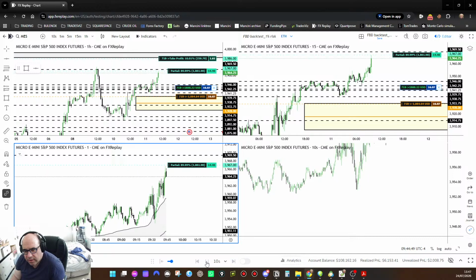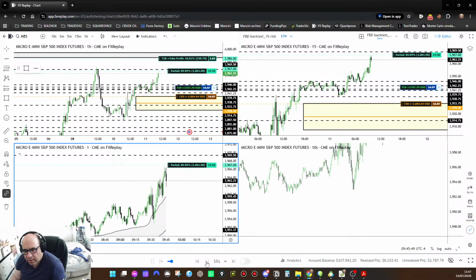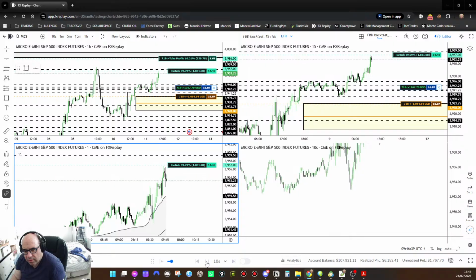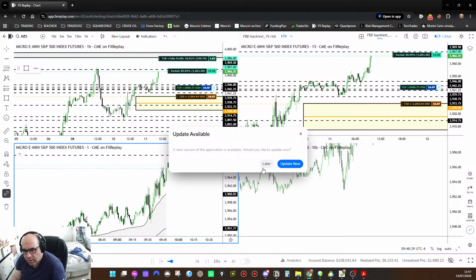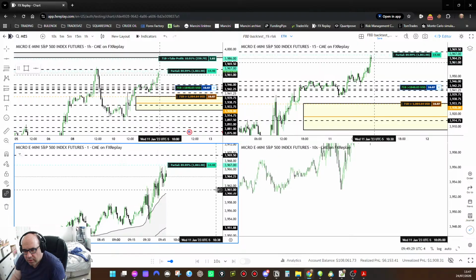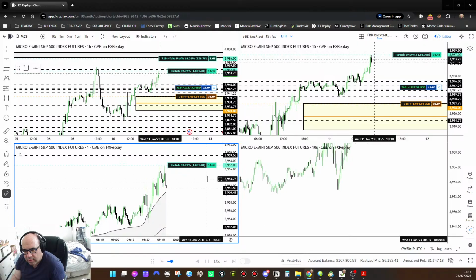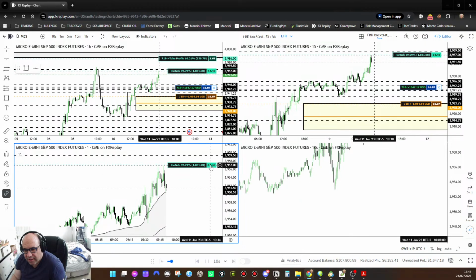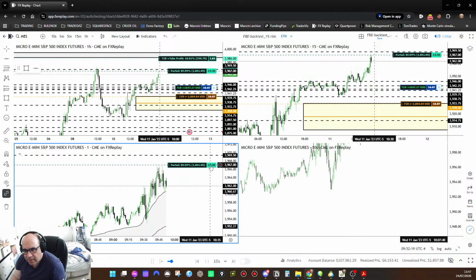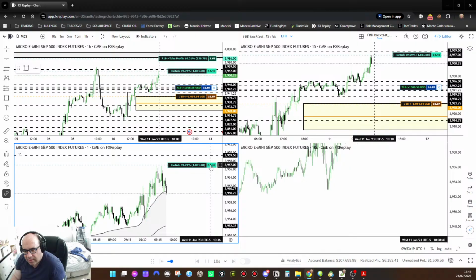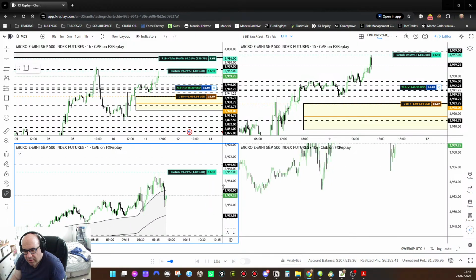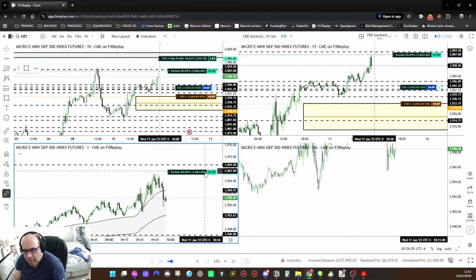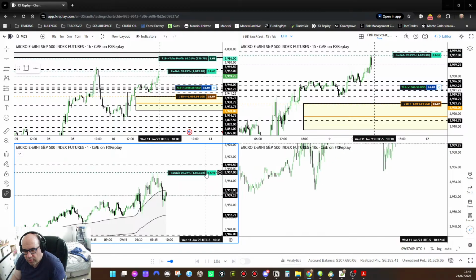Almost hit it by a tick. Second time by a tick. That's ridiculous. Just gonna move it.